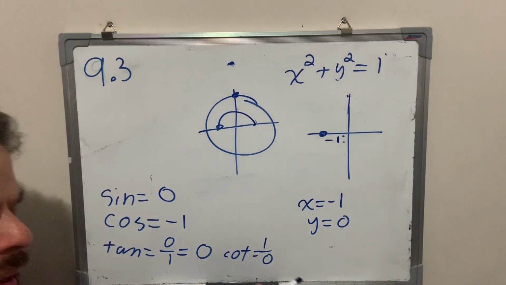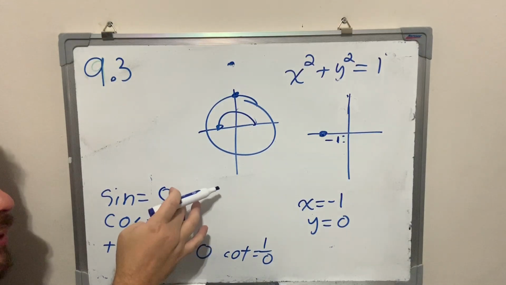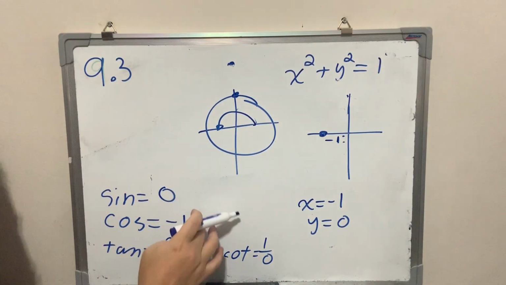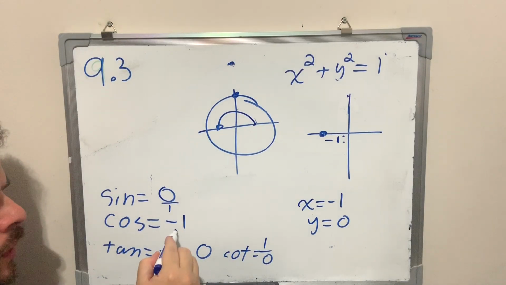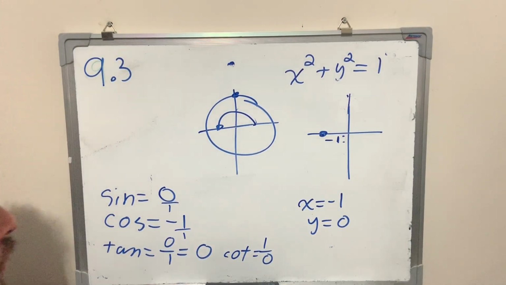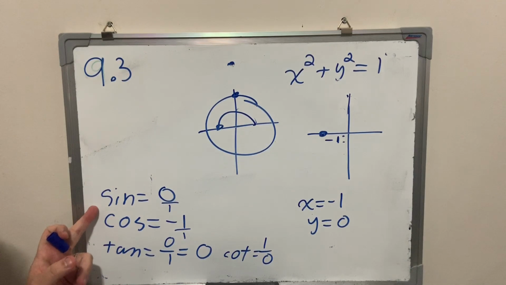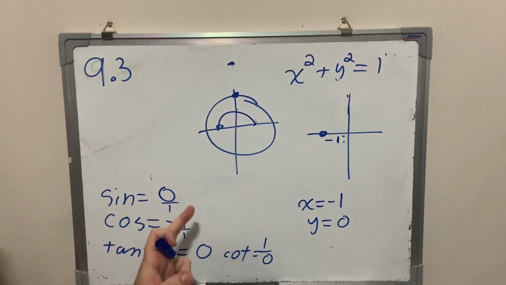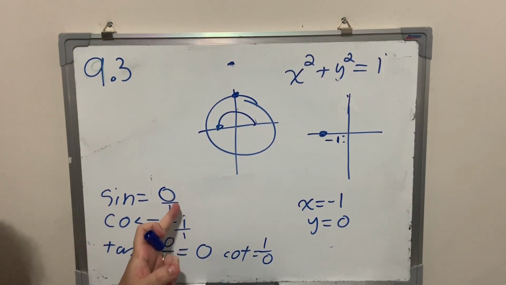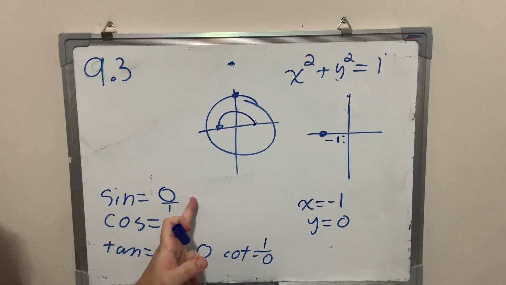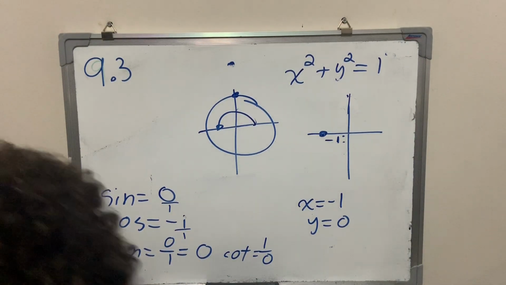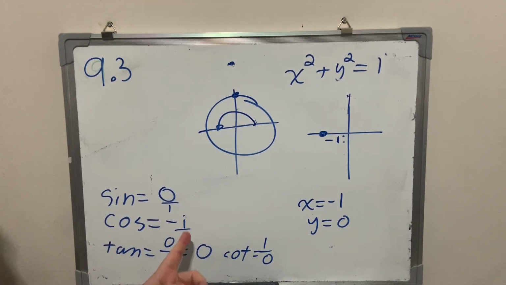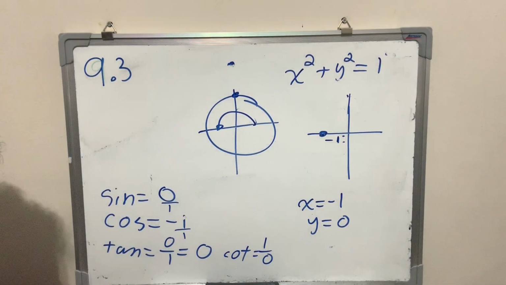Now, even though I did not put the hypotenuse here, let's put it and let's see what happens. I know my hypotenuse here is 1, and I know that my hypotenuse here is 1. So sine of 180 degrees is still 0, because 0 over 1 is 0, and that exists. Cosine would still be -1, because -1 over 1 is still -1.